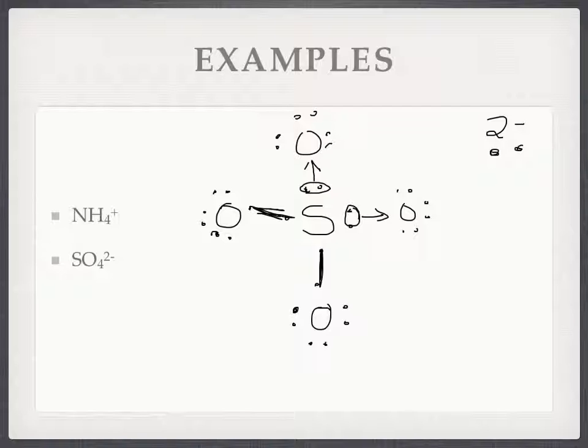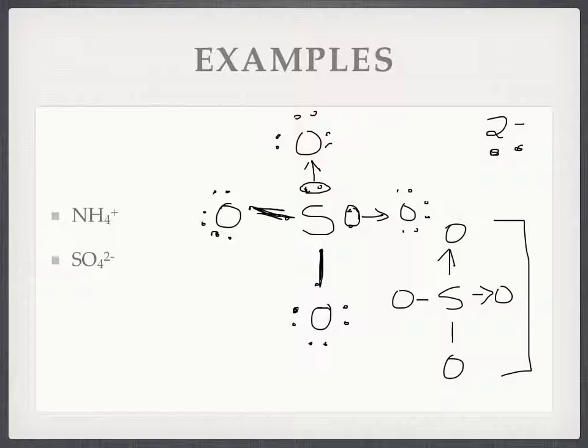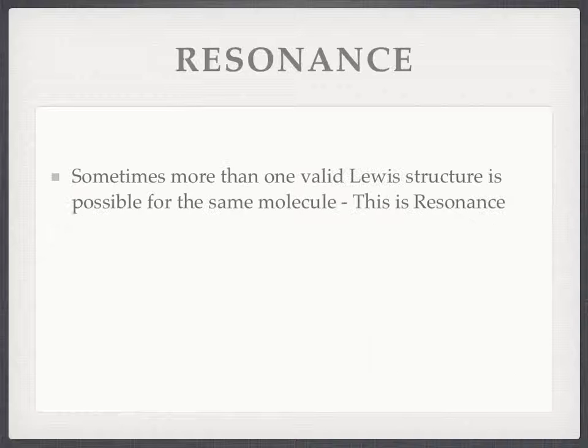And now the way we should write this is SO4, and remember, this one was donated, this one donated both, and then put brackets around it to indicate that we've got this 2 minus charge. So we should indicate that on our diagram here.